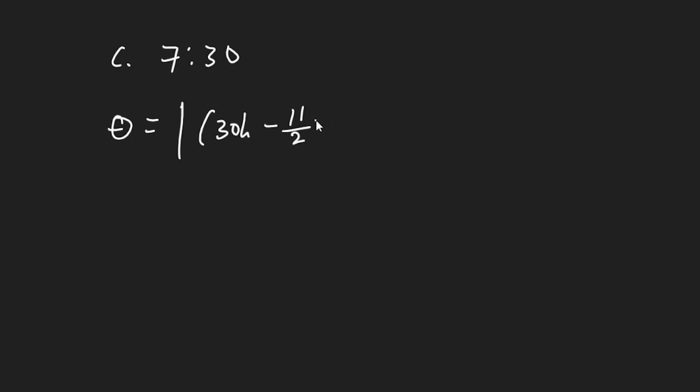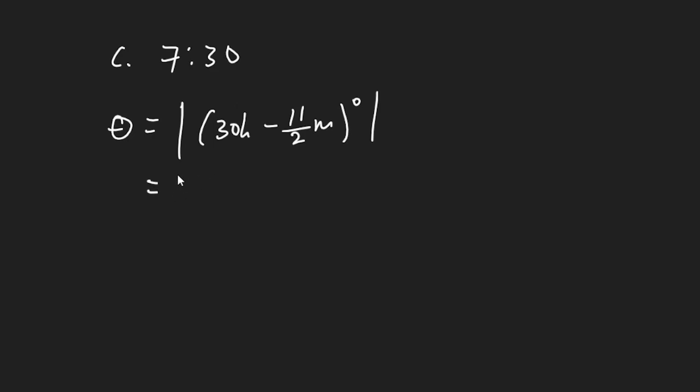So let's look at C, when the time is 7:30. Theta is equal to the absolute value of 30 degrees per hour minus 11/2 per minute, all in degrees.